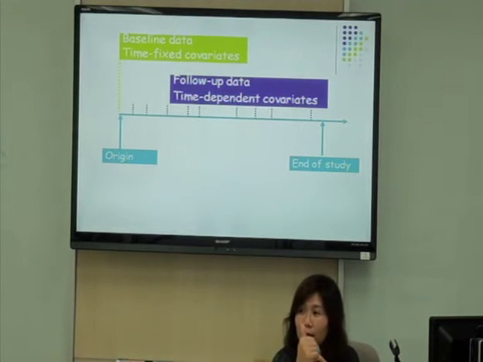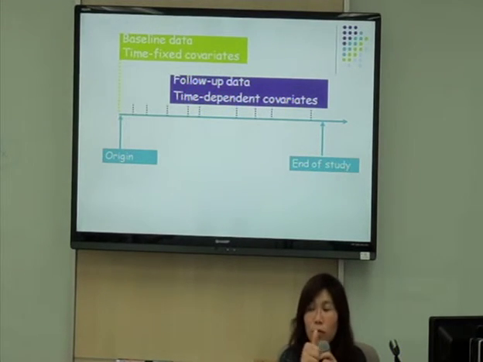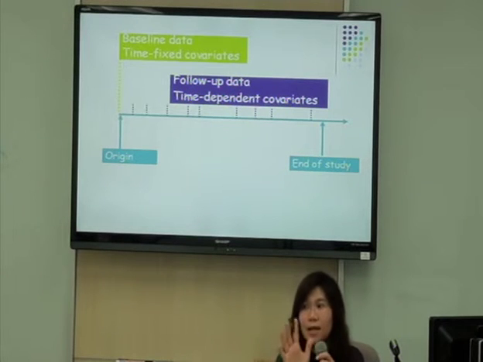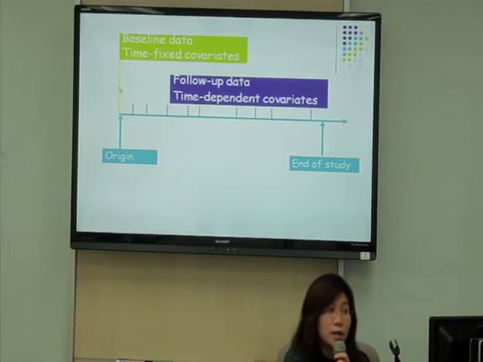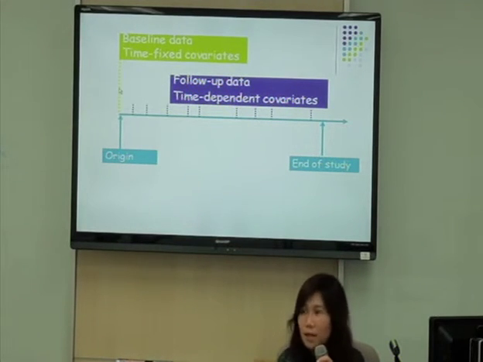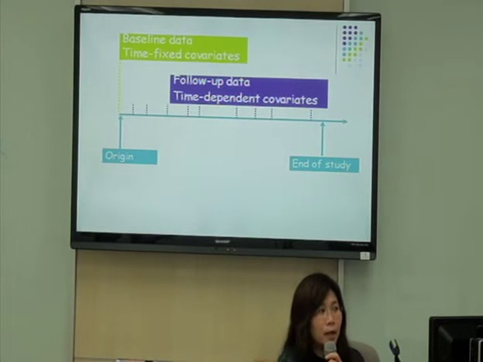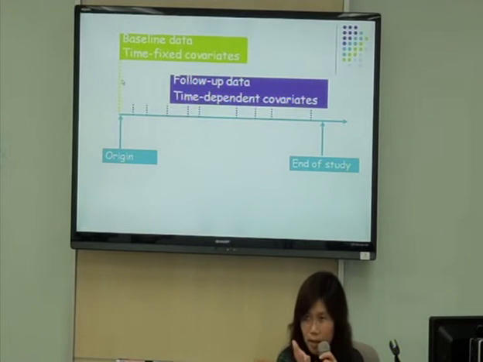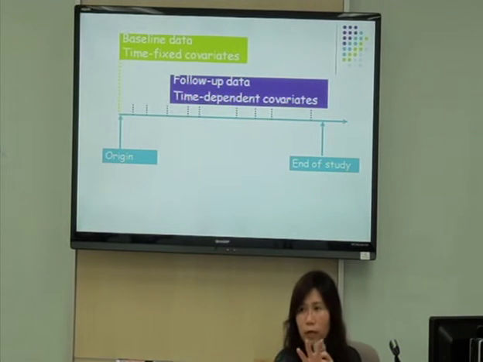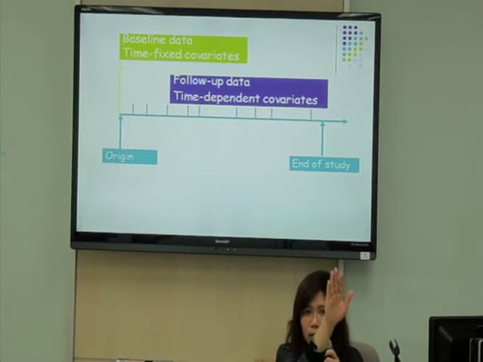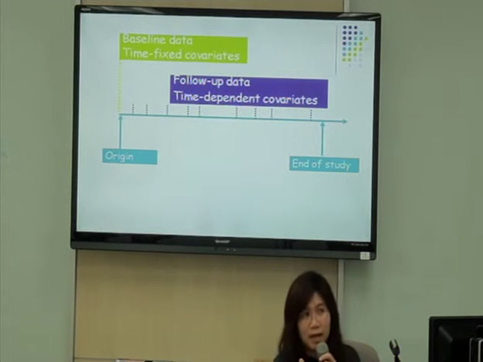Have you ever heard of that? So gender, sex should not change, right? Age at transplant should not change. Previous history of diabetes should not change. So this is called a time-fixed covariate: everything that is fixed at baseline.